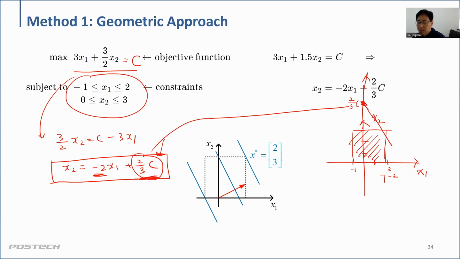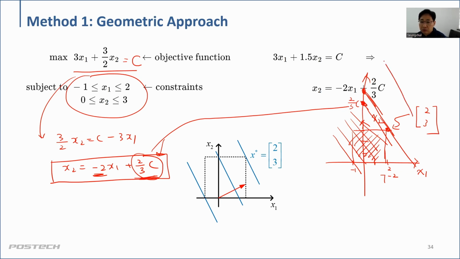I want to maximize that one, and I'm pretty sure this is very intuitive: we're going to have the maximum value of C at the corner of the feasible region.